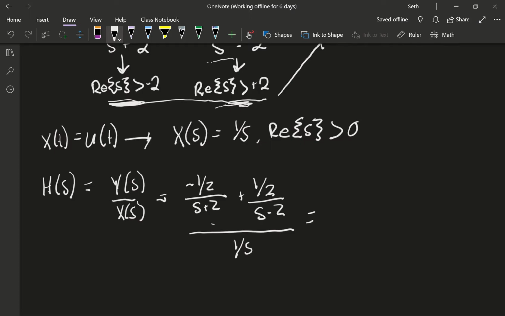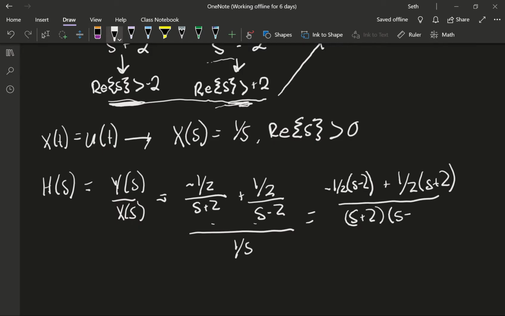We can combine these, and this 1 over s, the s will come up into the numerator.